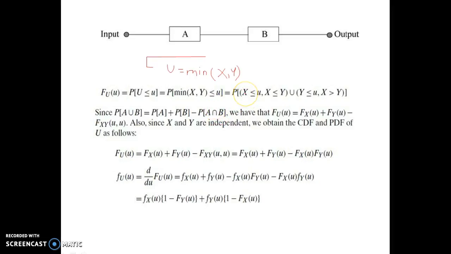If we use this formula for this case, considering this as A and this as B, what we end up with is the probability of X less than or equal to u, plus the probability of Y less than or equal to u, that is the probability of A plus the probability of B, minus the probability of A intersection B, which is the probability of X and Y both less than or equal to u.